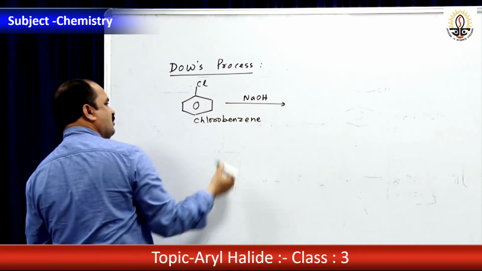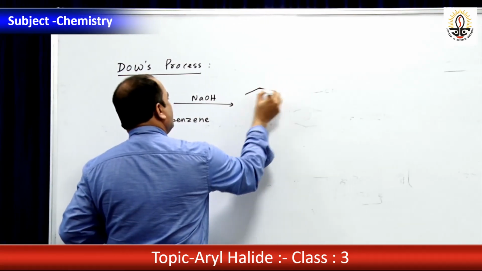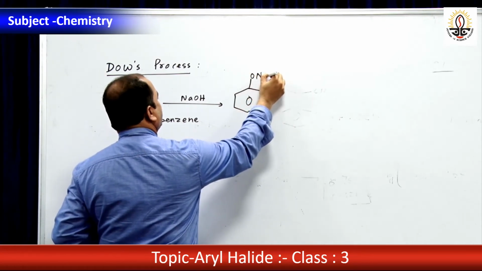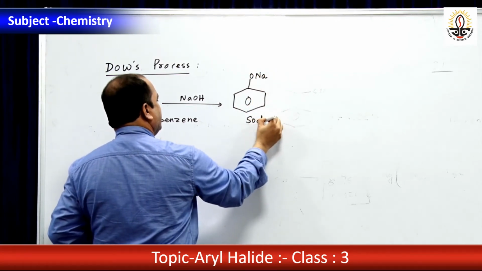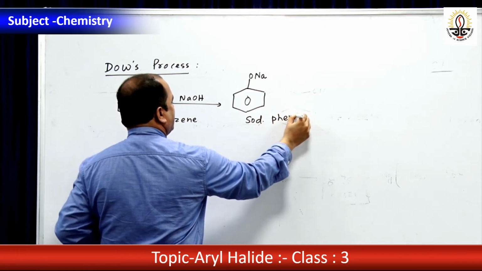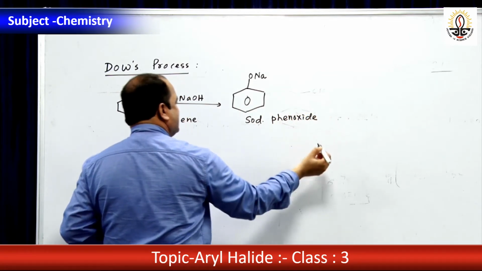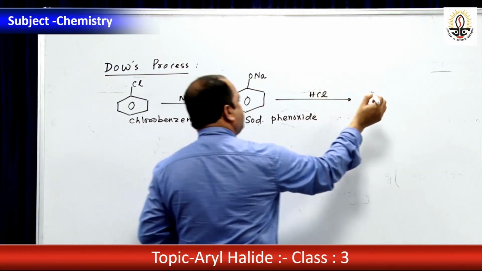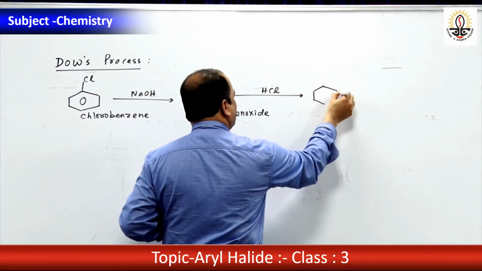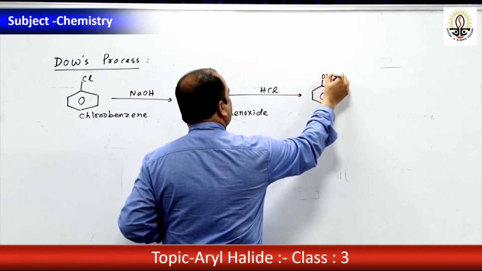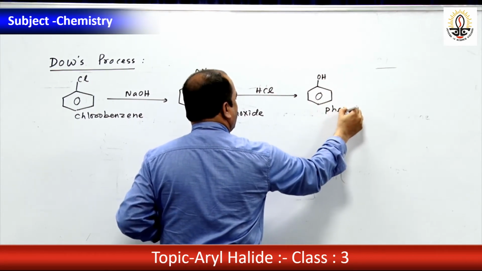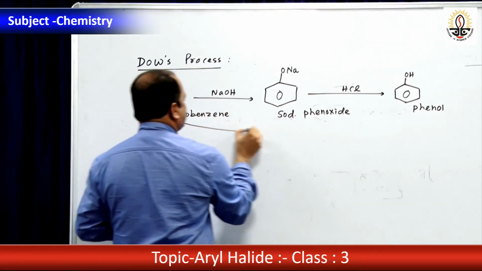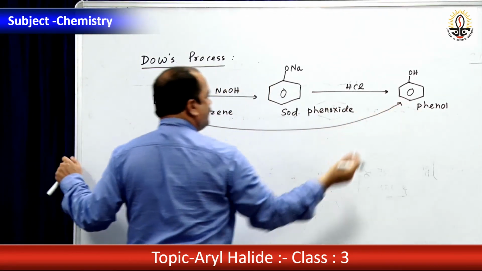When chlorobenzene reacts with NaOH, sodium phenoxide is formed. First it will give sodium phenoxide, ONa. This sodium phenoxide on acidification gives phenol. It means chlorobenzene is converted to phenol by Dow's process.